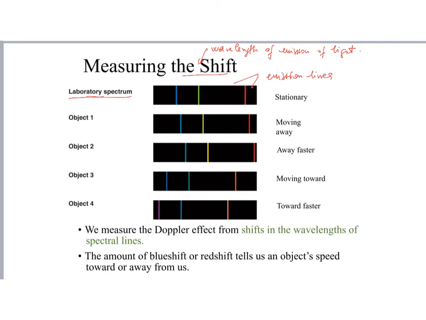So there's a certain intensity at a certain wavelength, right? So we have wavelength going that way, and the intensity is on the axis perpendicular to this page, right? So it's going to be intense whenever there is a color, and the color is given by its wavelength. Okay, so this is stationary, so velocity is 0. And then let's compare with object 1 that is moving away. What happened? You see, there was a shift.